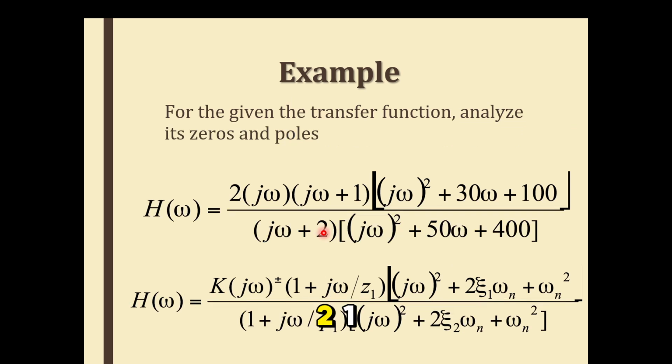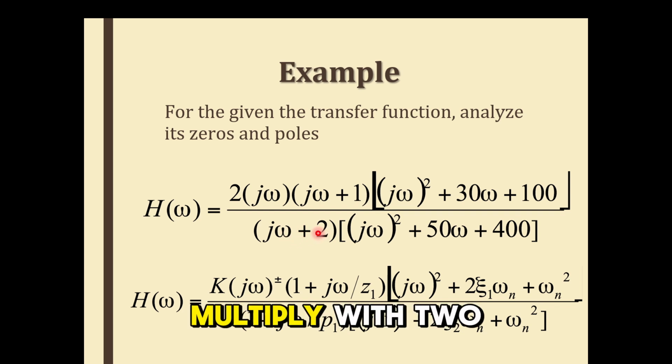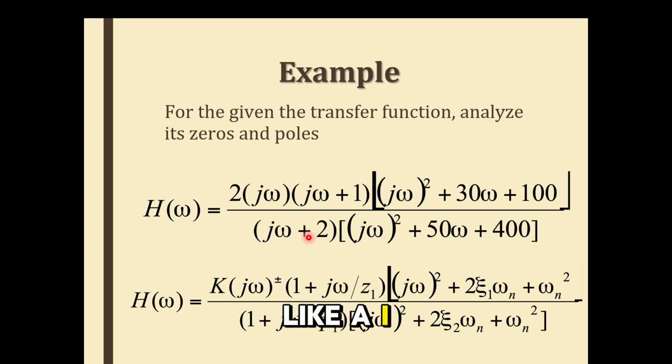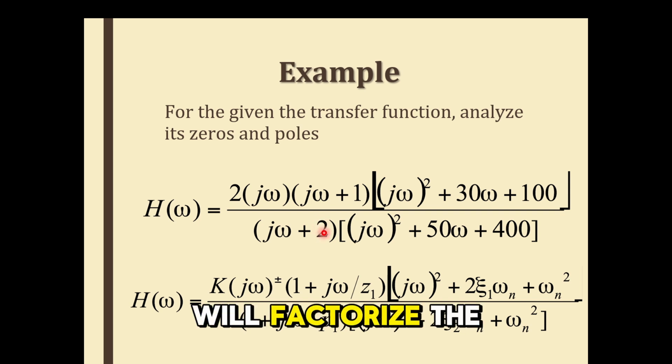1 over -2. Oh yeah, we have to change this one, because it's not in the standard form. We have to multiply by 2, so that you have 1 over j omega 2 over, you see I shouldn't have a 2 here. I should have only 1 here. Okay, so therefore we will factorize the 2 out of the equation.